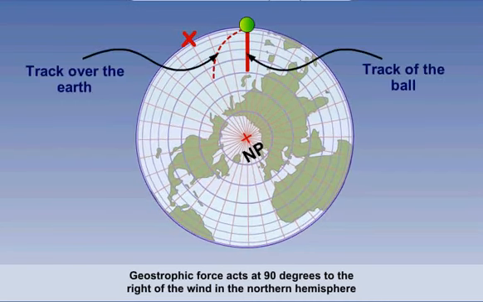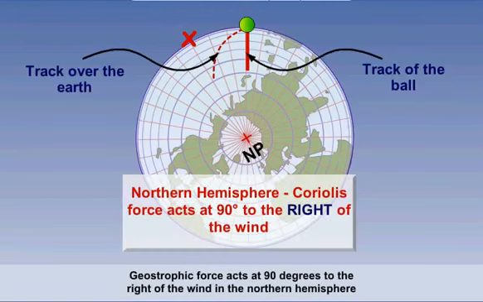Notice that the ball never reached the intended target. In fact, it has fallen to the right of the intended target. Wind will behave in exactly the same manner if it tries to flow from the 60 degrees north position towards the equator. We can therefore suggest that due to the rotation of the Earth, the wind has been deflected to the right as it has travelled along the surface.